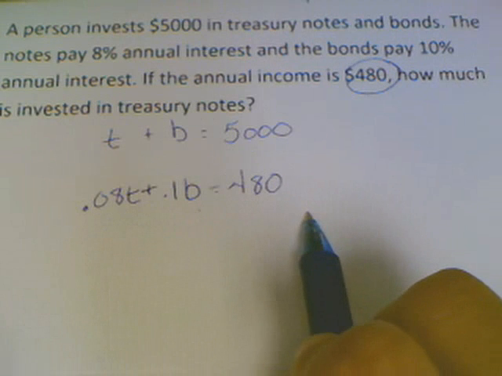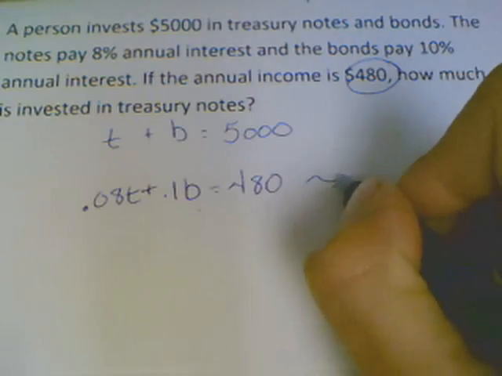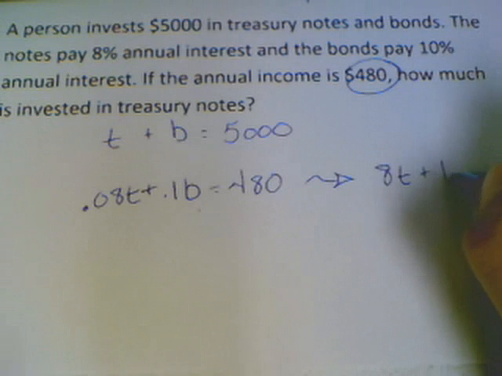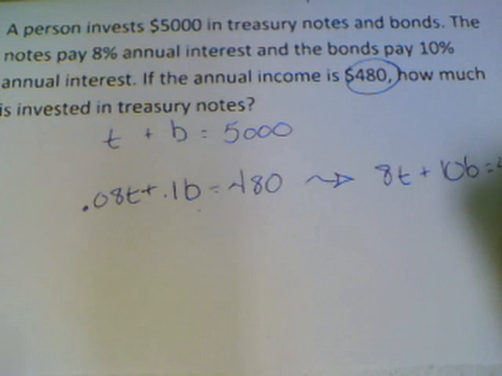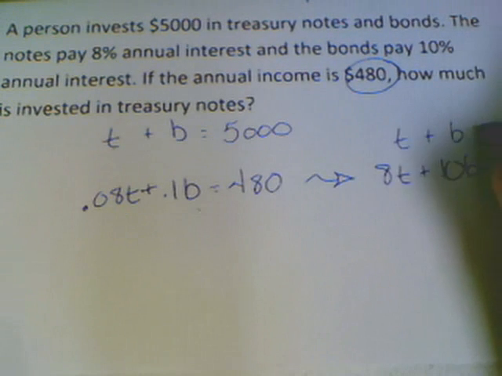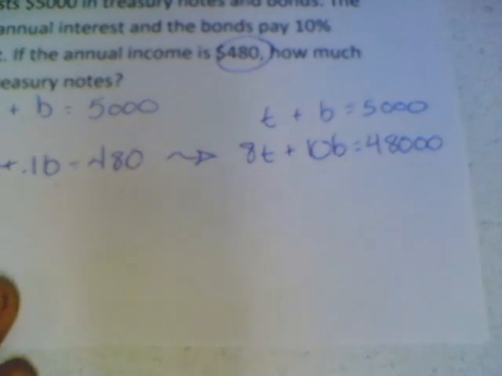If I want to solve this equation, I'm going to do so by first multiplying this one by 100, just to make our variables a little bit nicer. So multiply this by 100, add 2 zeros, and then I have t plus b equals 5,000.